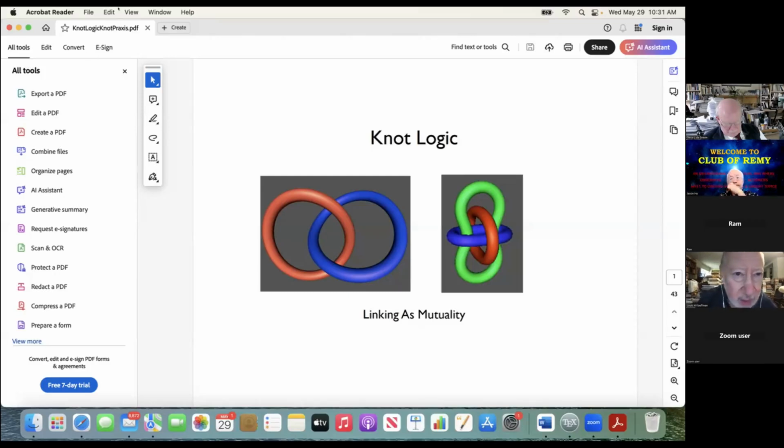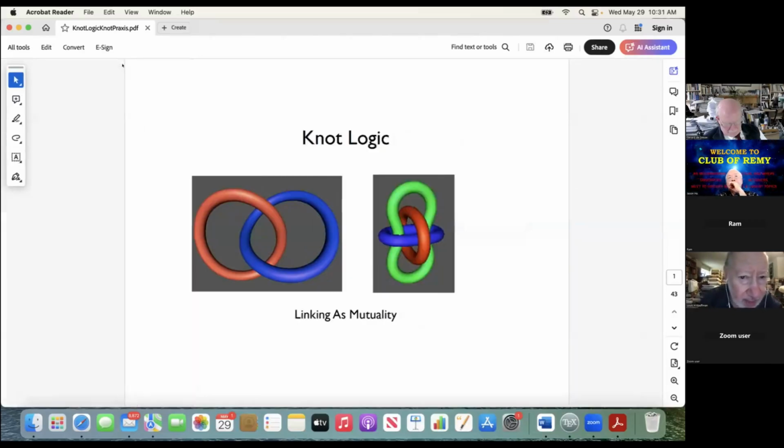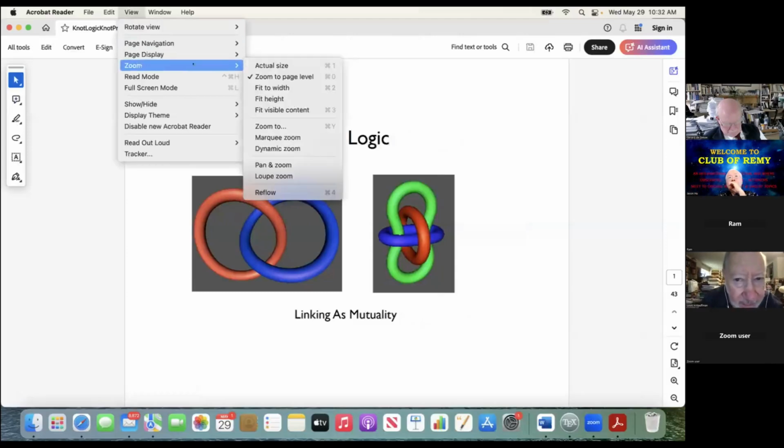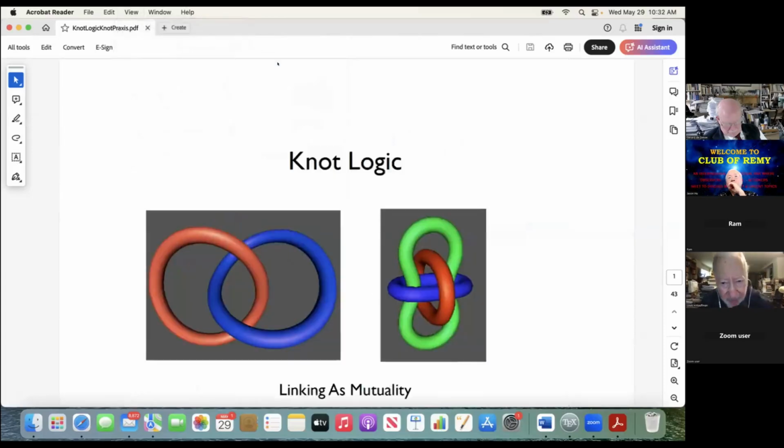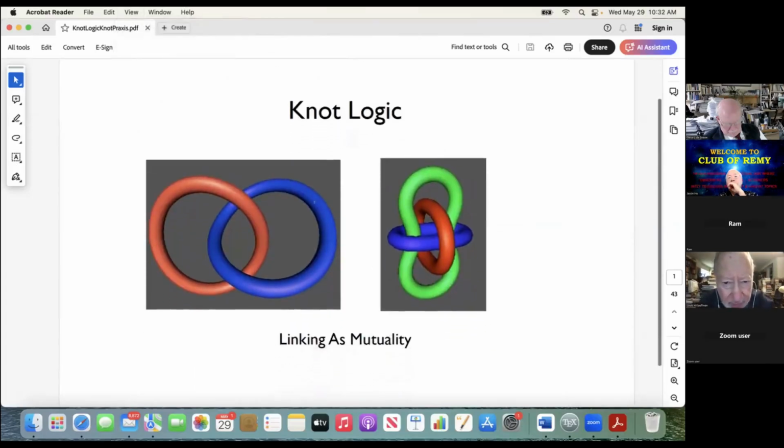So let's leave it in this form rather than full screen. There. Yeah, okay.